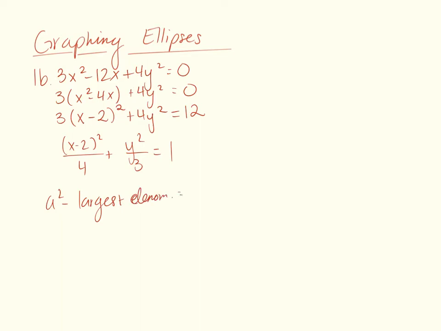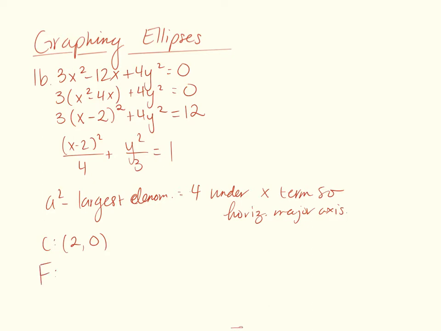So a squared is equal to 4 here, and it's under the x term. So horizontal major axes. My center is 2, 0. And my foci are 2 plus c and 2 minus c, comma 0, right?